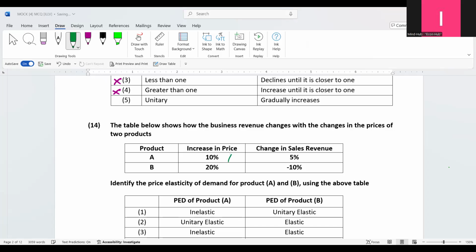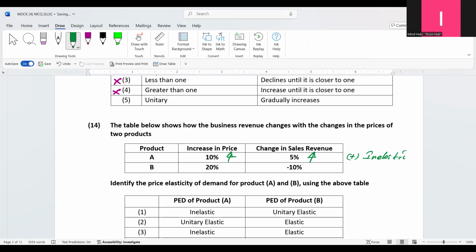Now both are plus values. That means price increases, total revenue also increases. Positive relationship. So this has to be relatively inelastic demand. Can't be perfectly, but if it's perfectly, when price increases by 10%, total revenue will also increase by 10%.